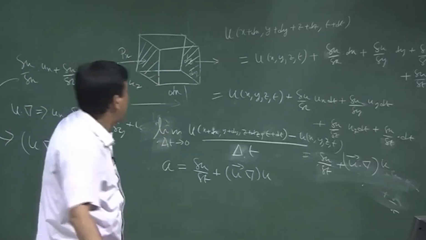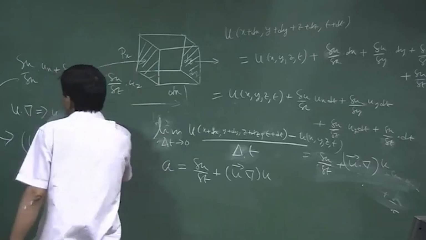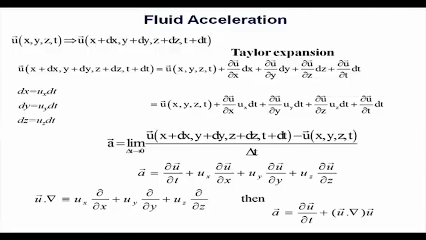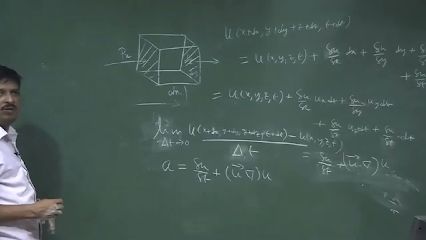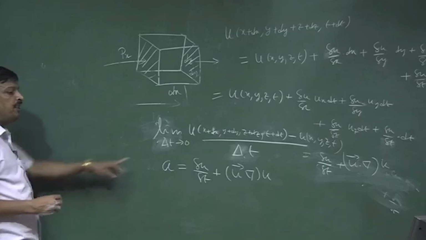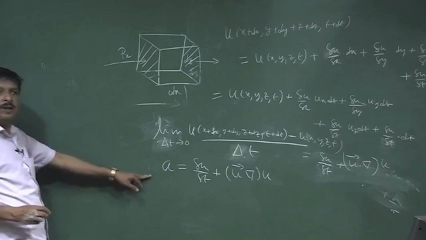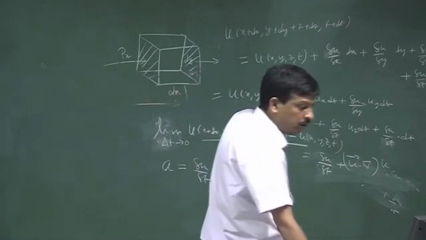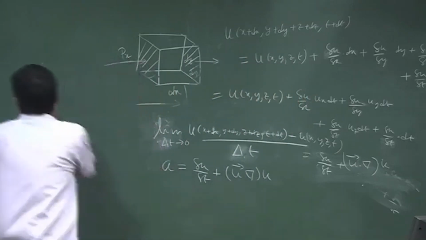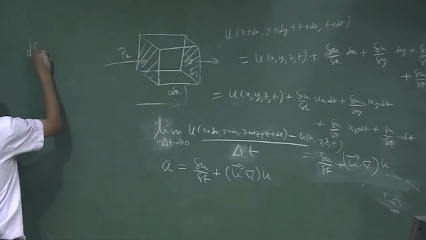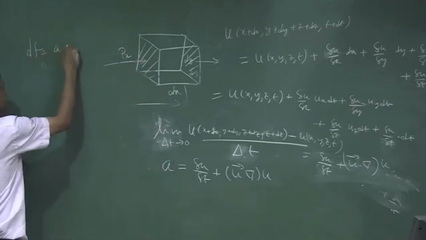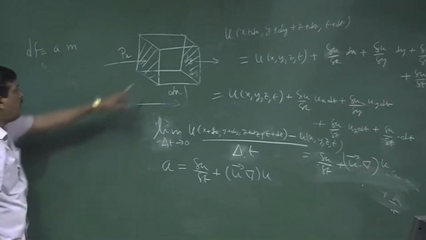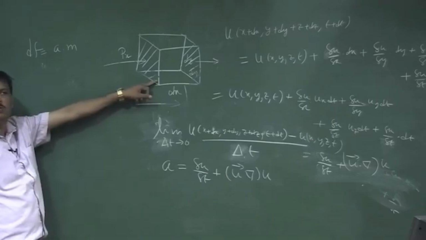Now, what is the force? Force is mass into acceleration. So if this is my acceleration, I have to multiply by the mass and I get the force. So I can say the total force dF is nothing but acceleration into mass. What is the mass of this volume? Rho into dV.